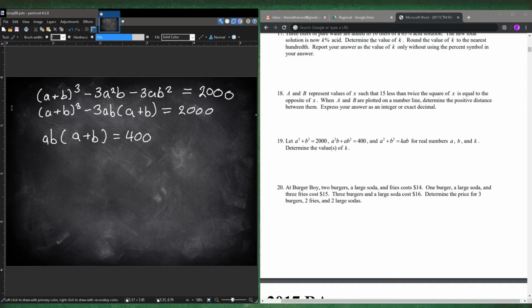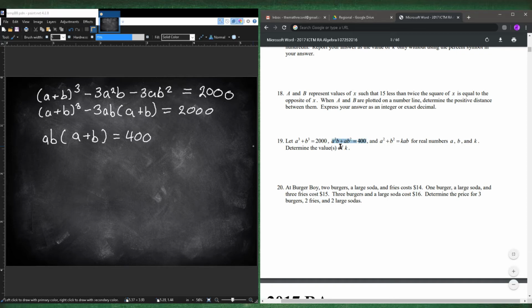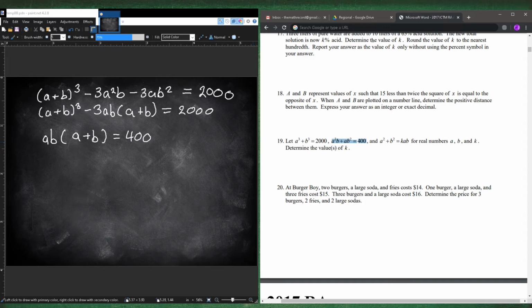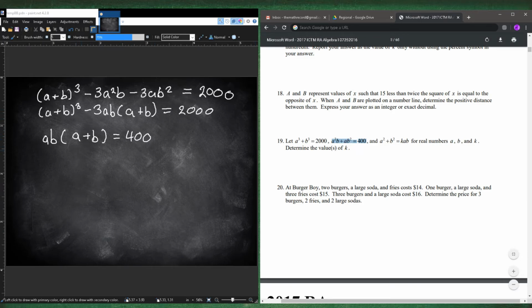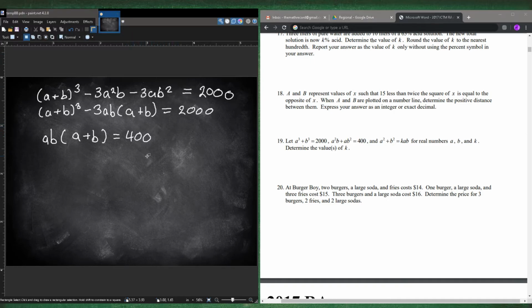Because a squared b divided by ab is equal to a, and then ab squared divided by ab is equal to b, and that's still equal to 400. It's equivalent. I just distribute them out, right? So let's move this over because it might be a little hard to understand what I'm trying to do.